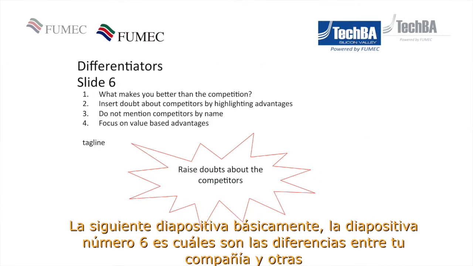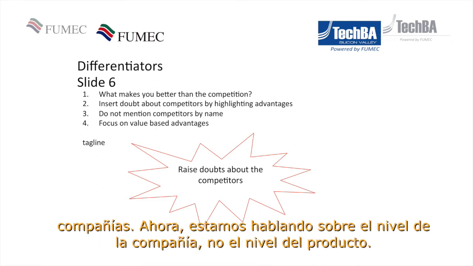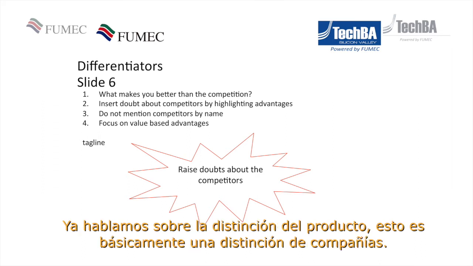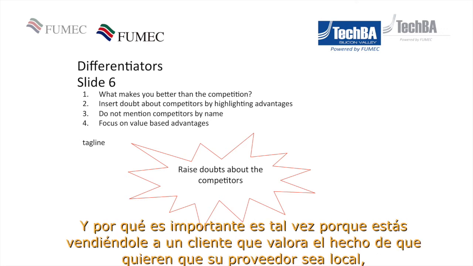The next slide, slide number 6, is what are the differences between your company and other companies. Now we're talking about the company level, not the product level. We already talked about product differentiation. This is about company differentiation. Why that is important is perhaps you're selling to a customer who values the fact that they want their provider to be local.